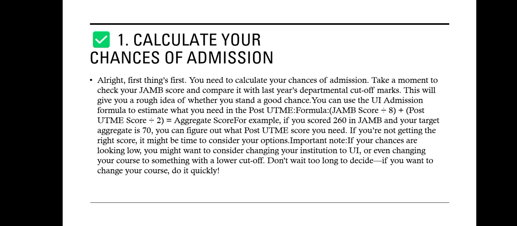So to be on the safe side and have peace of mind when applying for admission, calculate your chances of admission and see how much score you will need in Post UTME to meet the average aggregate for the course you want to study. That will give you an idea whether you have a good chance to study that course or not.